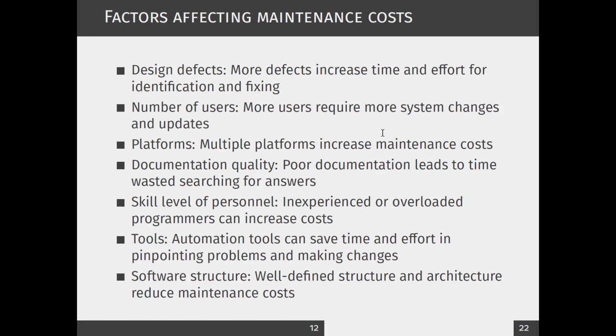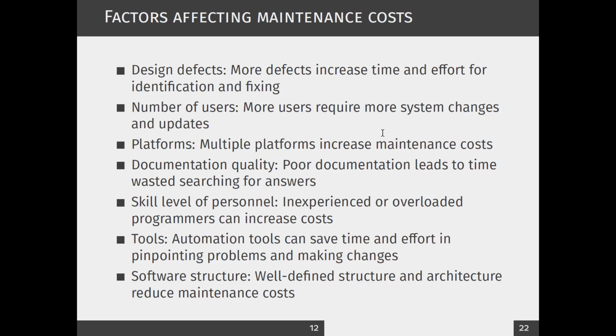Then the second one is number of users. When you have a large user base, you require more system changes and updates. There will sometimes be a lot of performance issues as well. So the number of users also affects the maintenance cost. Third one, platform.